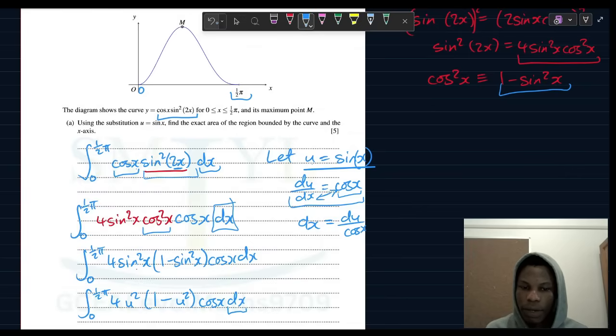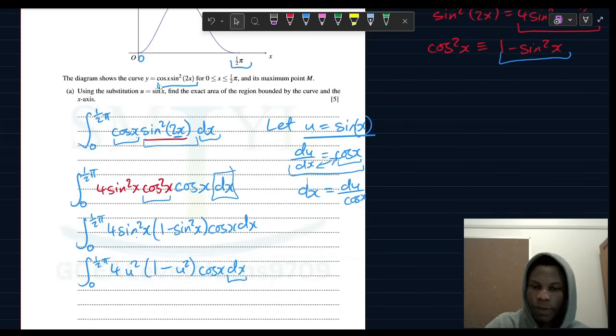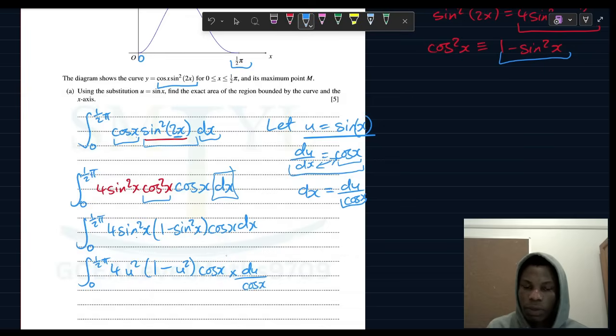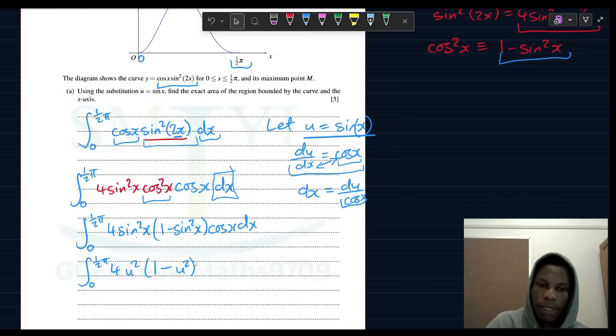And so we can replace this dx with du over cos x. And that cos x I was talking about earlier will cancel out like that. And so instead what you end up with here is just du.